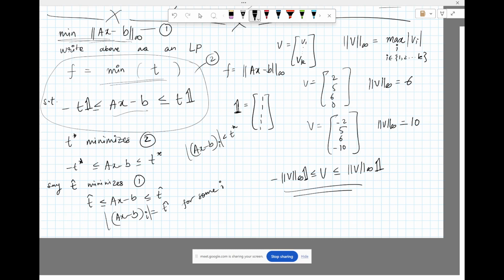I could have used t hat because t hat is feasible in two also, because it satisfies this constraint.